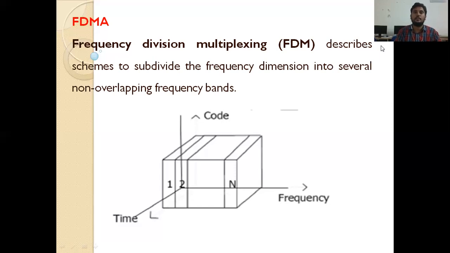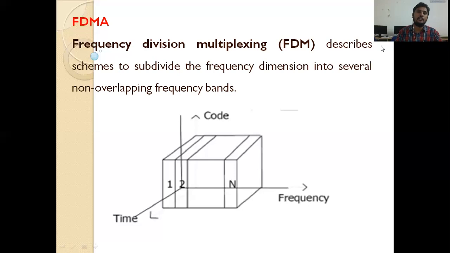So here the frequency is subdivided and allocated to the different channels. Each channel transmits the data from one location to another location by using this frequency range. So one range is allocated to some channel, one range is allocated to another channel, like that.